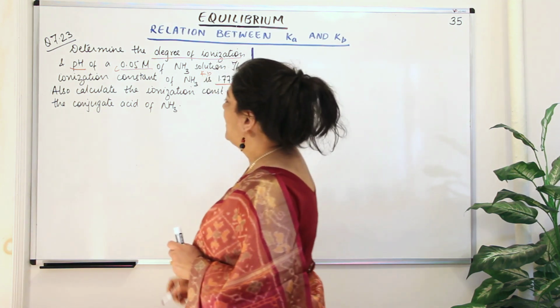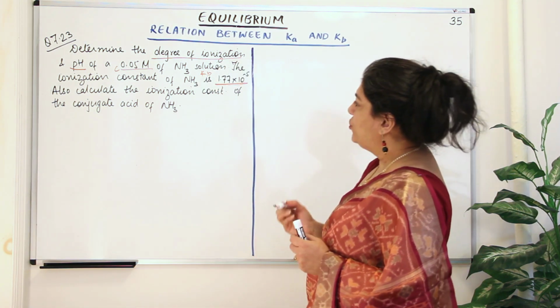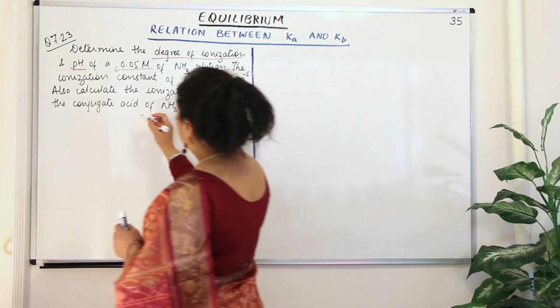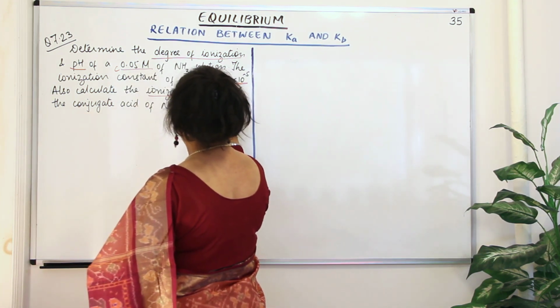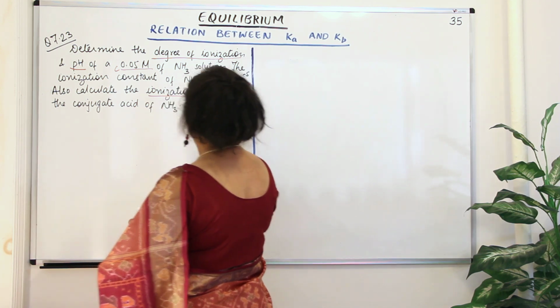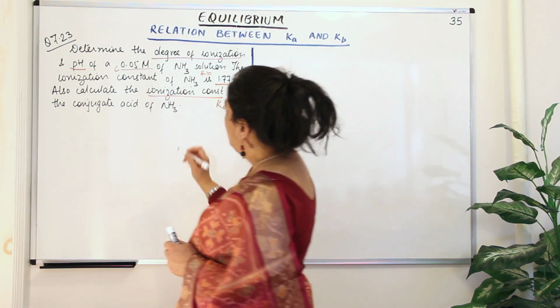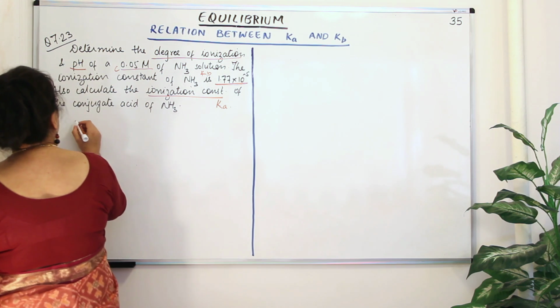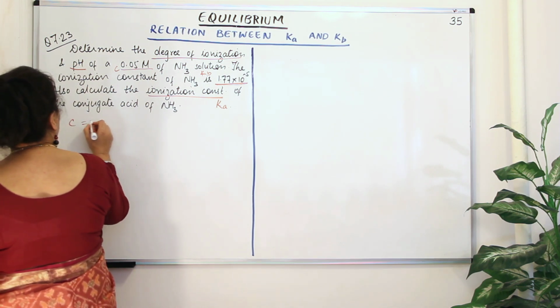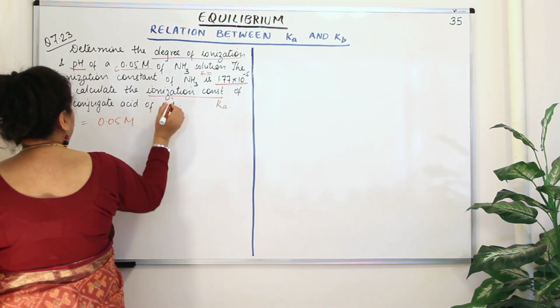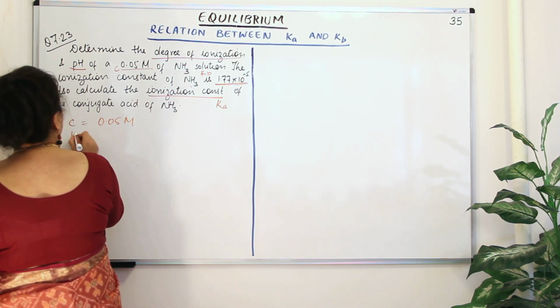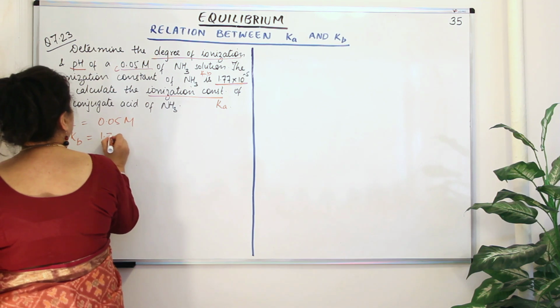So these are the things that are given to us. Also, you have to calculate the ionization constant of the conjugate acid. Ionization constant of conjugate acid means you have to find out Ka. Now, what all are we given? We are given C, which is C of ammonia, which is 0.05 M, and Kb is given to us, which is 1.77 into 10 to the power minus 5.